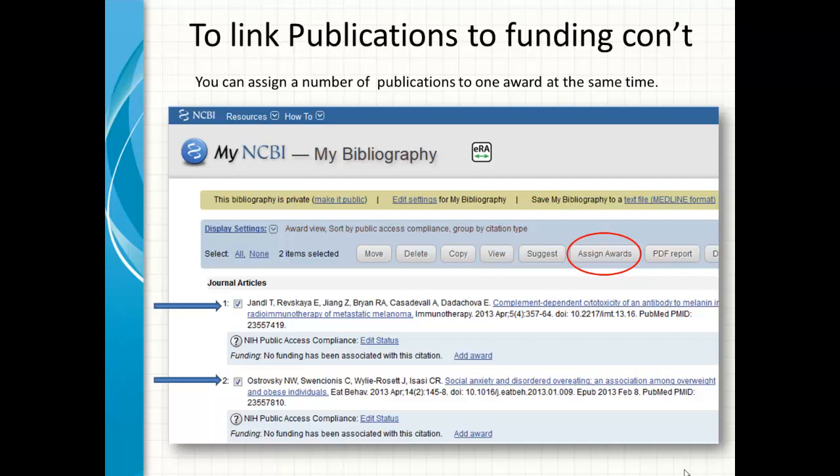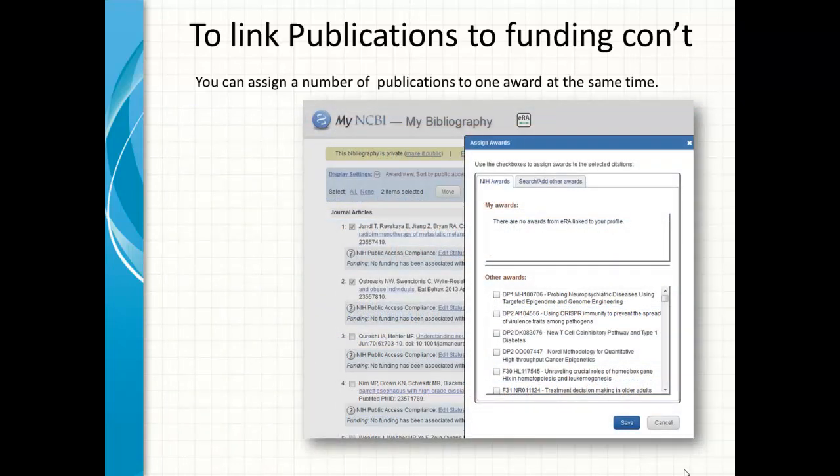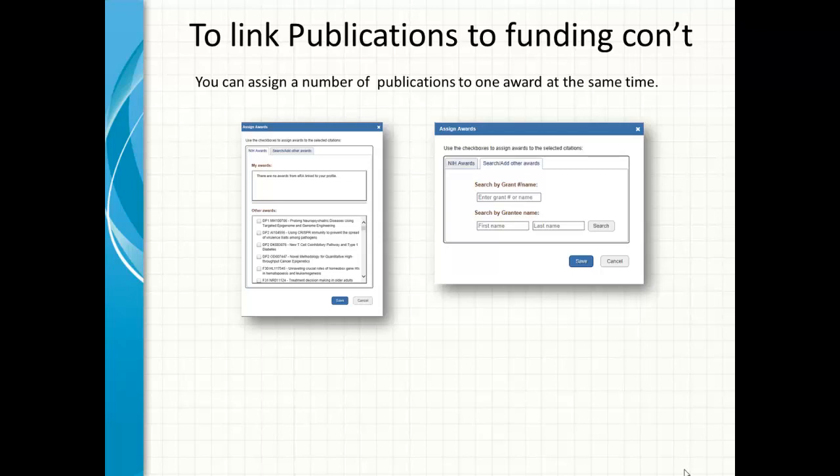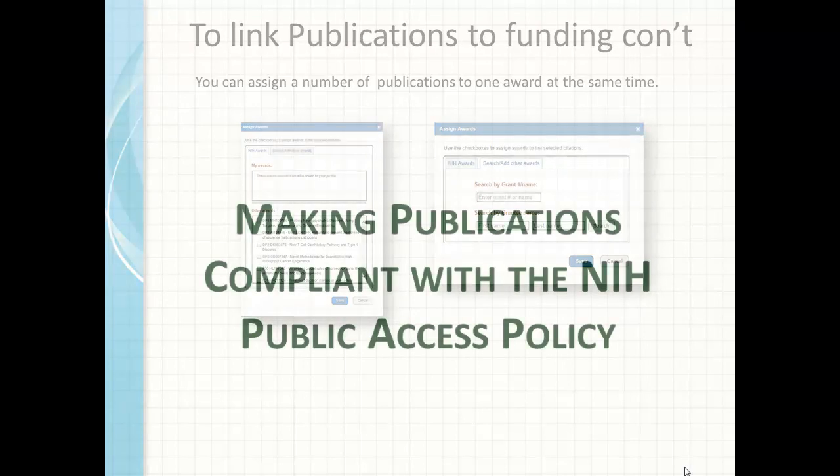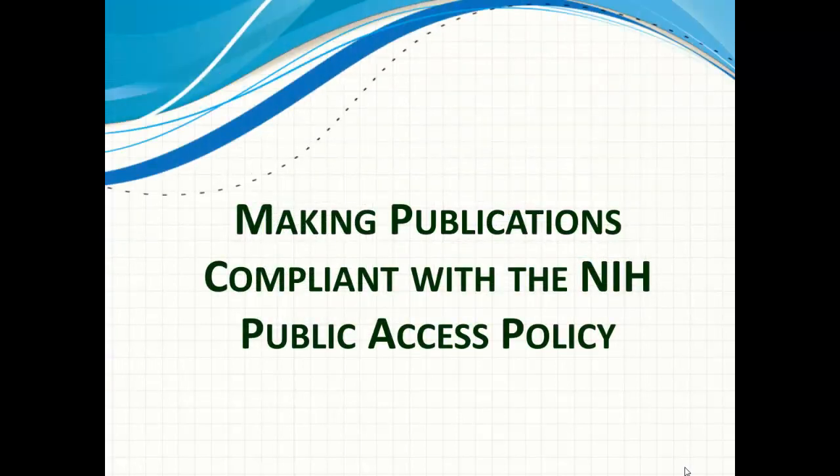If you click Assign Awards to assign awards to both of these publications at the same time, you'll get this resulting dialog. You can do the same thing, assign awards using your My Awards, Other Awards, or click on Search Add Other Awards. Once you find the correct award and put a check in the appropriate box or boxes, then click Save to assign the awards.